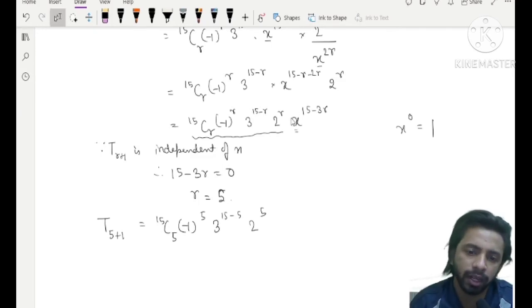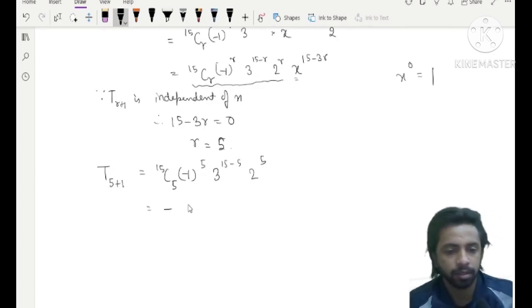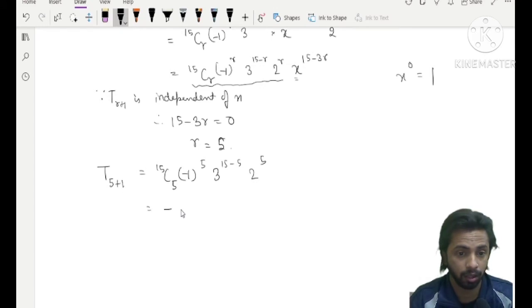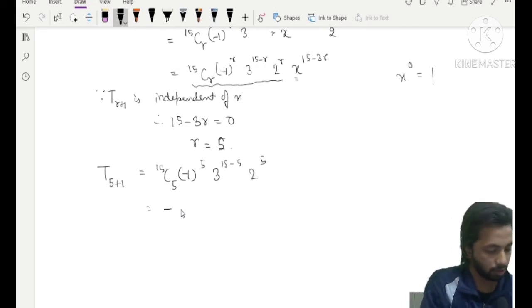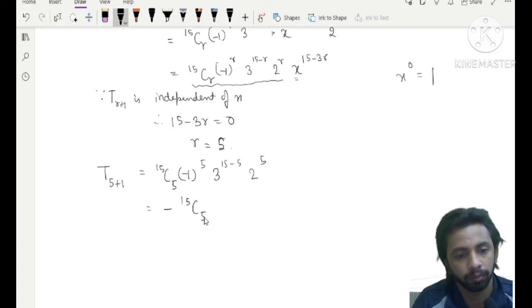No need to put in x because this will ultimately vanish. So (-1) raised to the power 5 will give you a negative number. 15C5, 3 to the power 10 and 2 raised to the power 5.